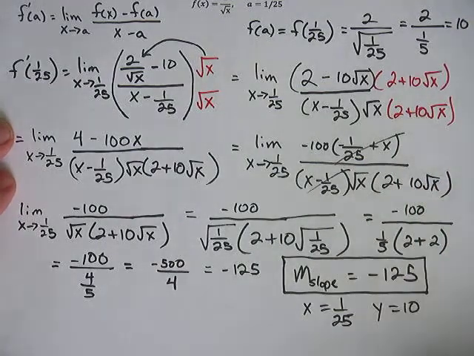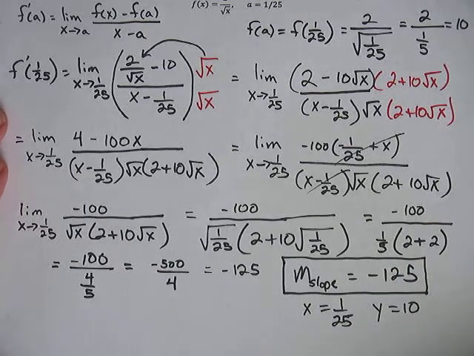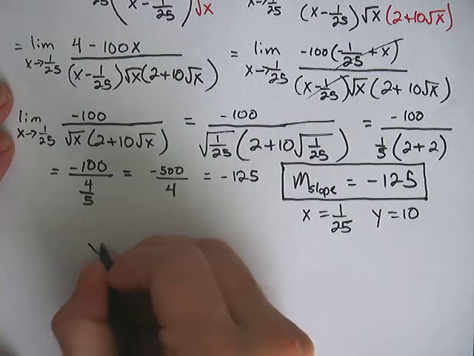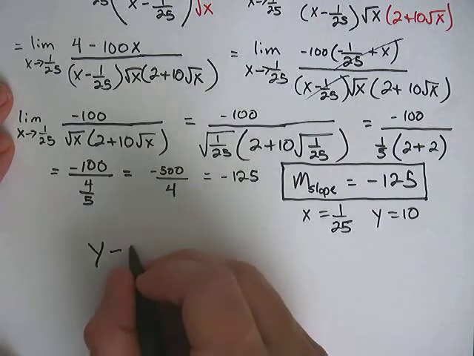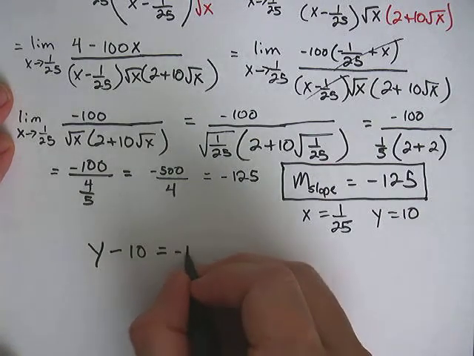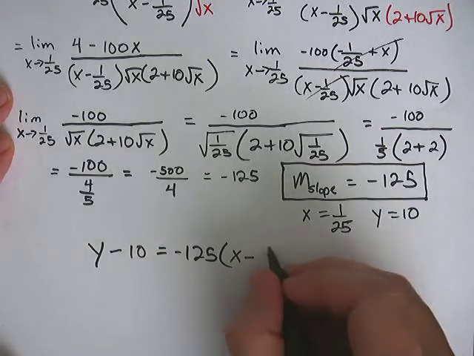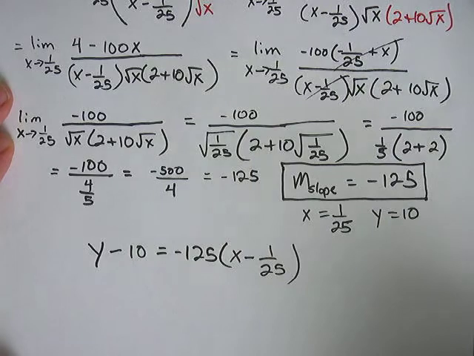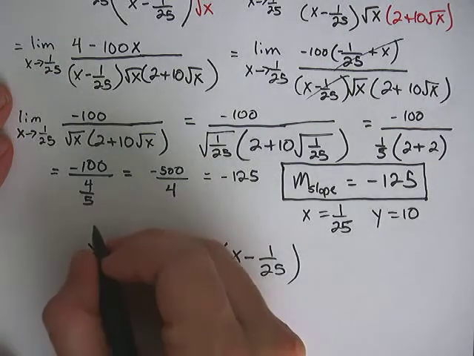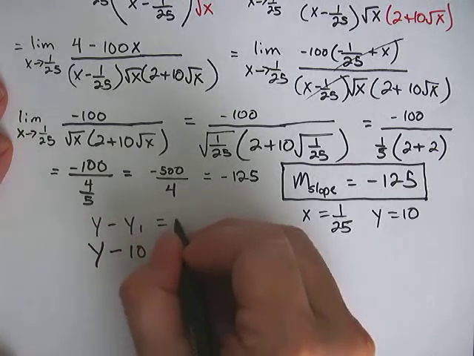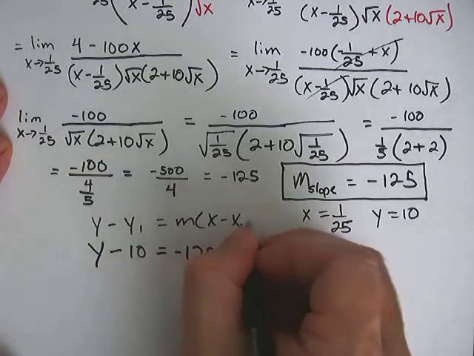So we have an x, a y, and a slope. That is all we need to write the equation of a tangent line. So we have y minus 10 equals negative 125 times x minus 1 over 25. In a bad habit of just writing this down, let me give you what the actual formula is. It's y minus y1 equals m times x minus x1.